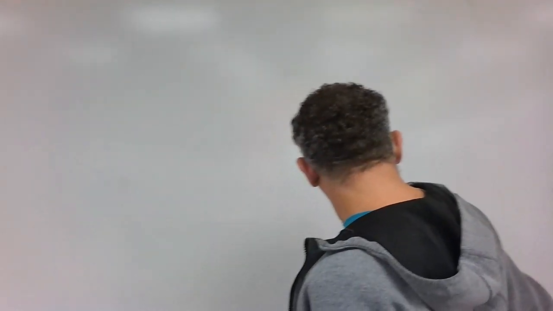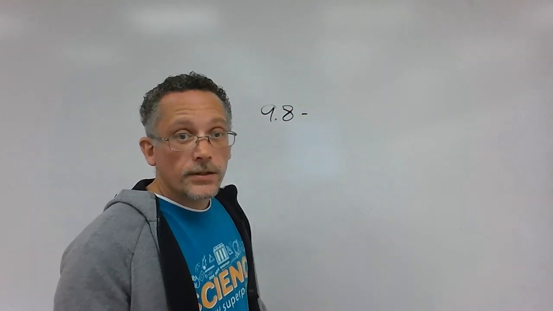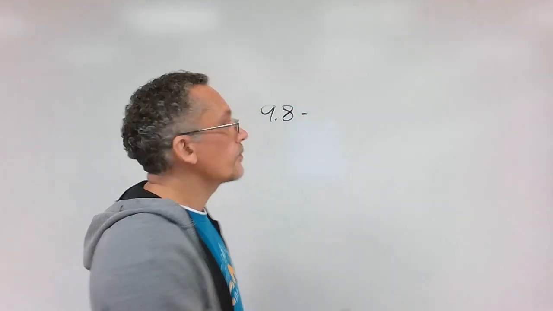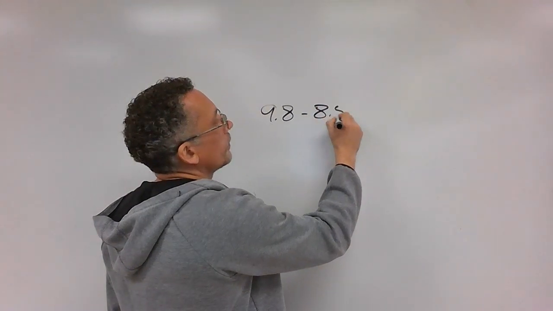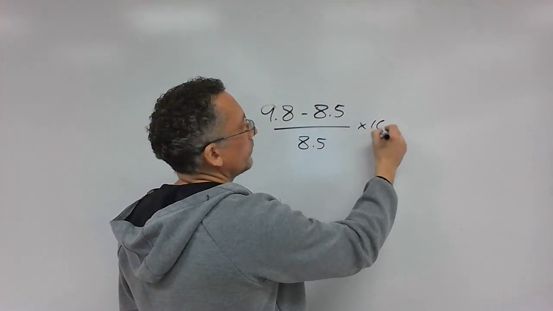Let's see, assuming that the identification of your metal is valid, use the equation they want us to find the percent error. Okay, so to find the percent error, we'll take what we measured minus the correct answer for brass, which was 8.5, divided by that, times 100.